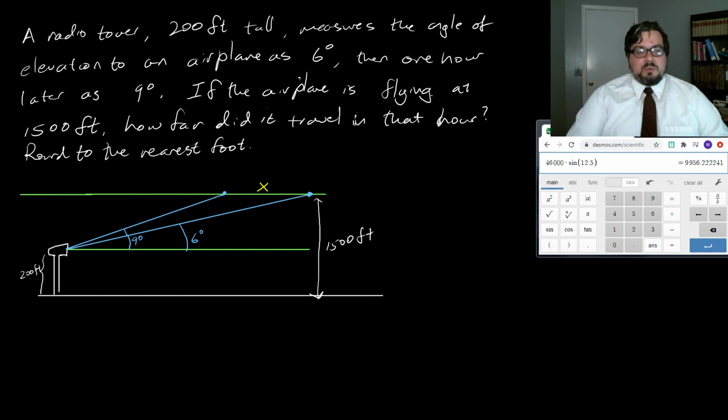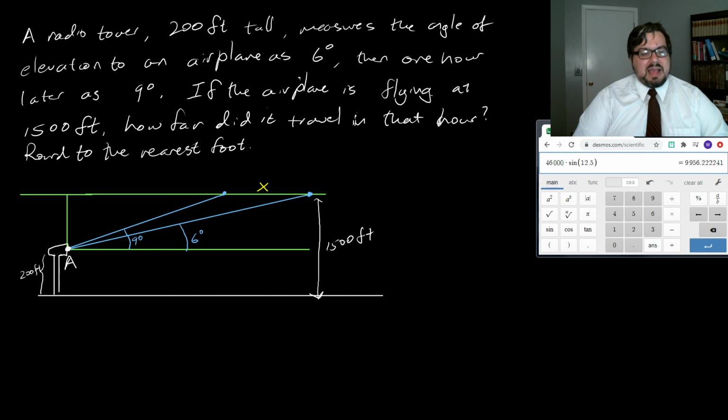So we want to know what the distance x is. So the thing to do is to realize that this distance can be seen as the difference in the lengths of 2 triangles. So I'm going to label my points here so that I can speak about them clearly.